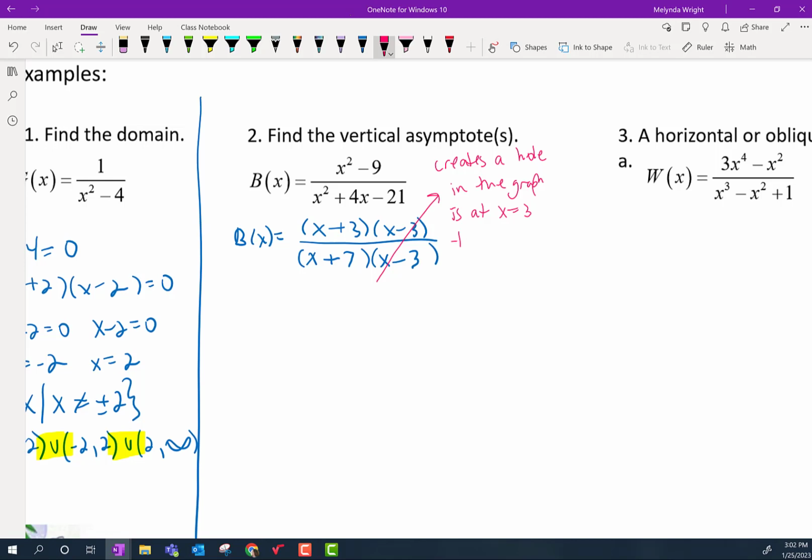To find the y value of the hole, what we do is plug the x value into the simplified function.